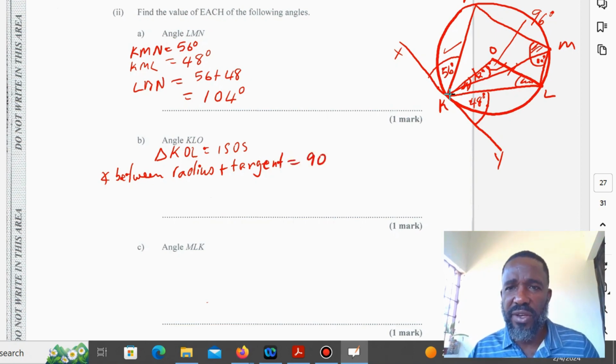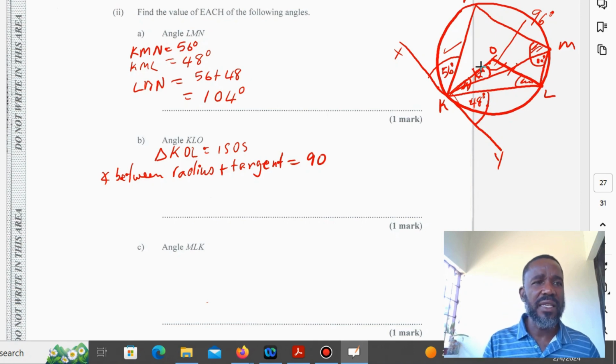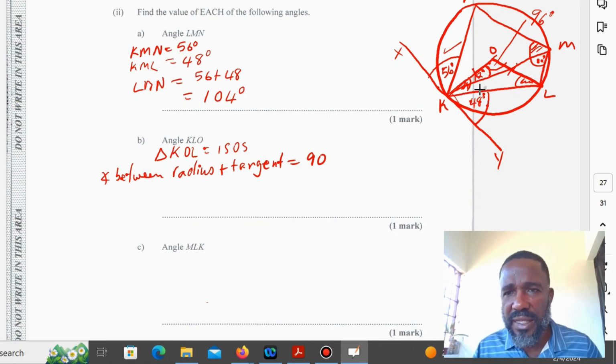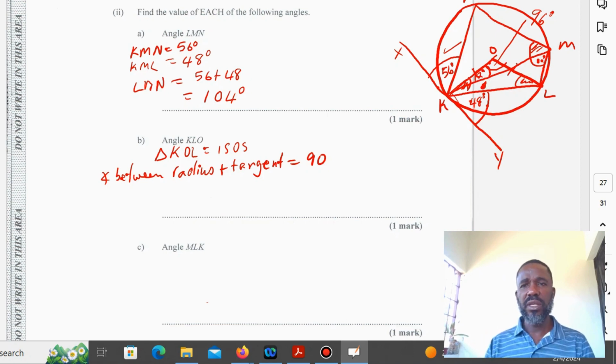So here we have a radius KO, and we have the tangent, so all of this angle here is equal to 90 degrees. Now, if all of that angle is equal to 90 degrees, what it means is that this little piece inside here is equal to 30 degrees.